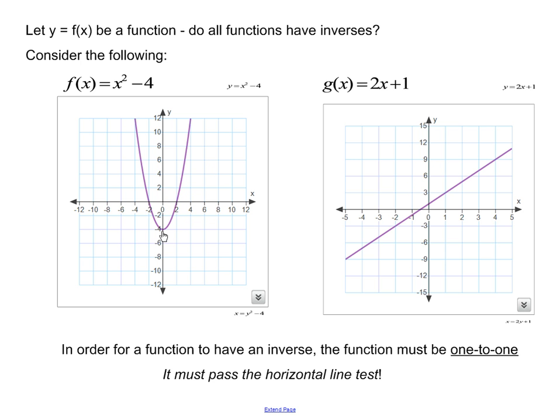So for example, instead of passing through a point like 0, negative 4, it should pass through the point negative 4, 0. Instead of passing through the point 2, 0, it would pass through the point 0, 2. And on down the line. Instead of negative 2, 0, it would be 0, negative 2.